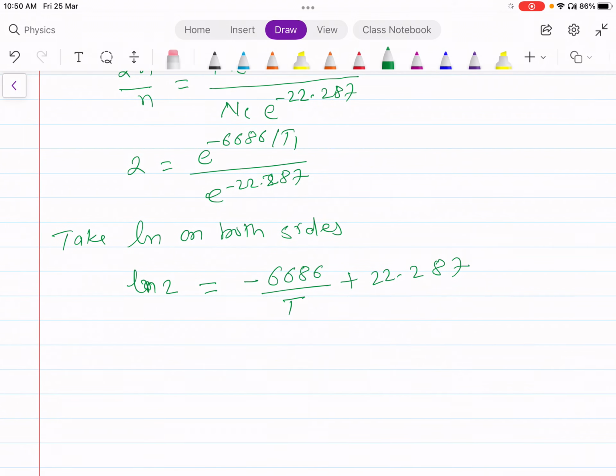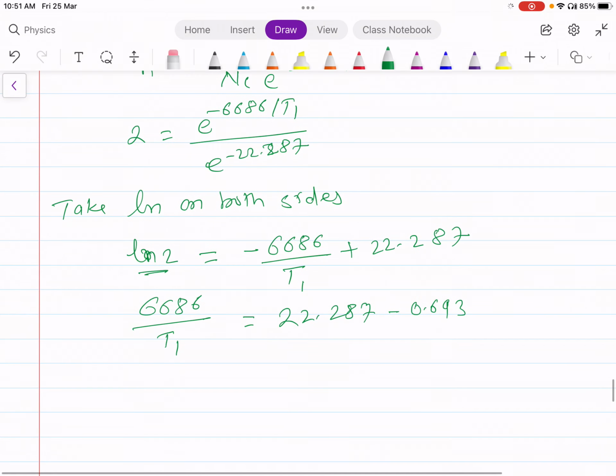We can simplify it further: 6686 upon T1 equals 22.287 minus ln of 2. Ln of 2 is 0.693, and that is equal to 21.594.